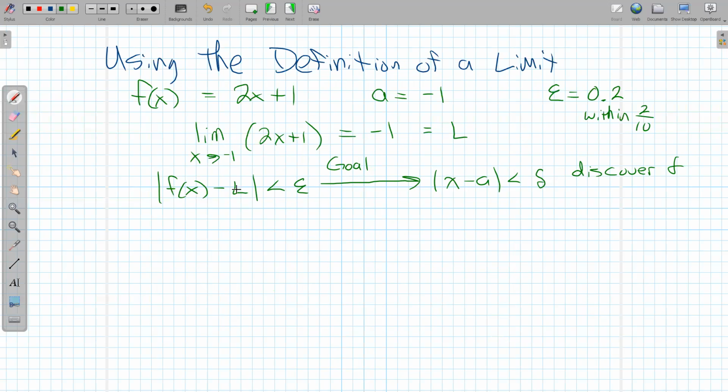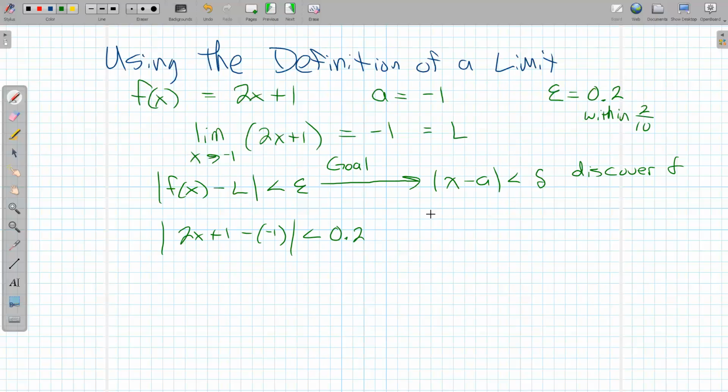So starting with this right here, I get the absolute value of 2x plus 1 minus -1, because it says minus L, and L is -1. We want that distance to be less than 2 tenths.